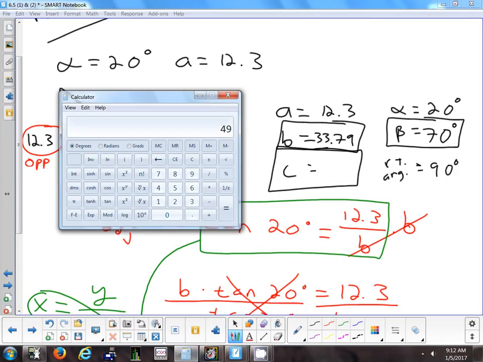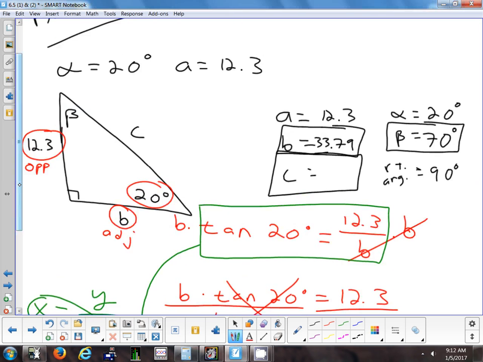Take any two sides in a triangle and add them up, and it has to be bigger than the third side. So C can't be bigger than 46.09. If it was, it wouldn't be a triangle. Right, so I've narrowed it down. It should be somewhere between 33.79 and 46.09. If I get a number that's not in that range, something's really wrong.